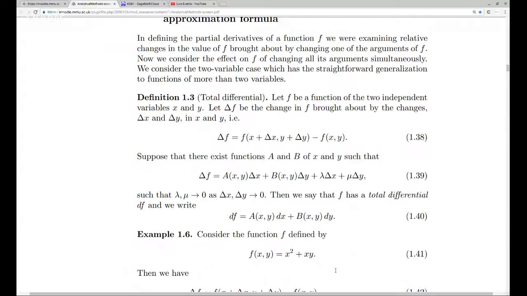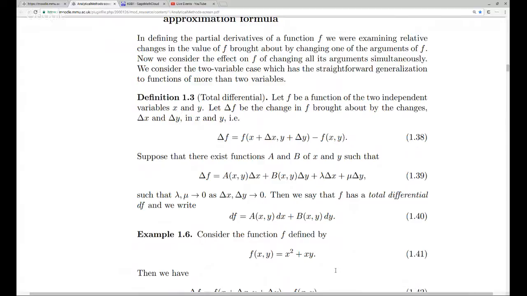It's normally used for a change in value. So we're talking here about total differentials and the small increments formula. Really what we're interested in is the small increments formula, which we'll get to in a moment.